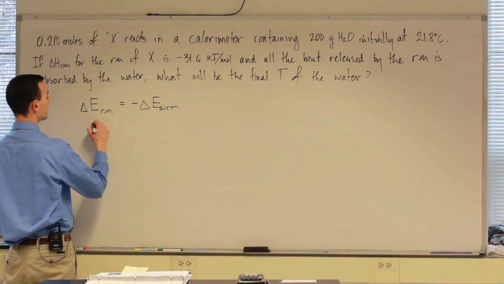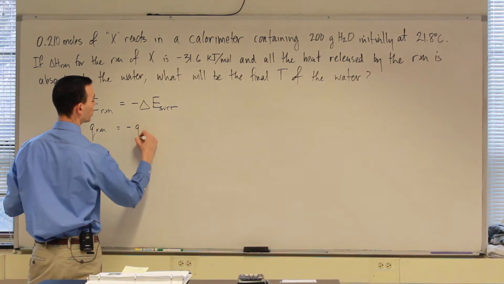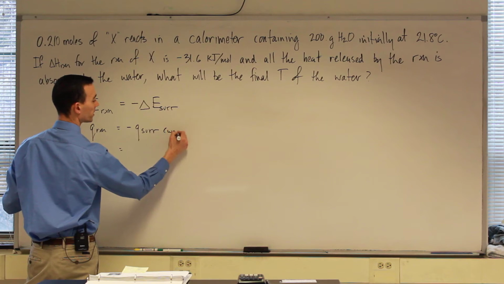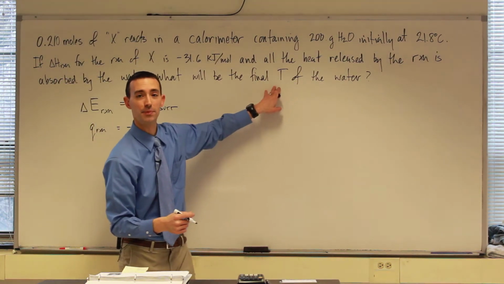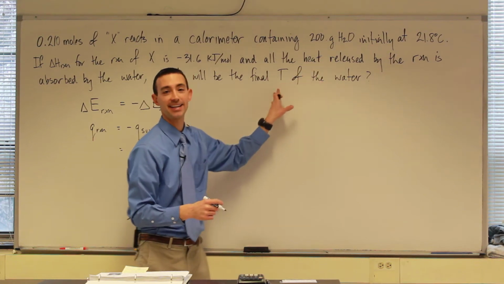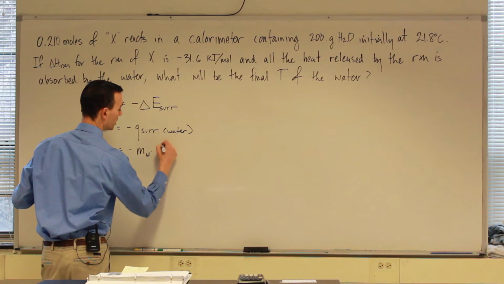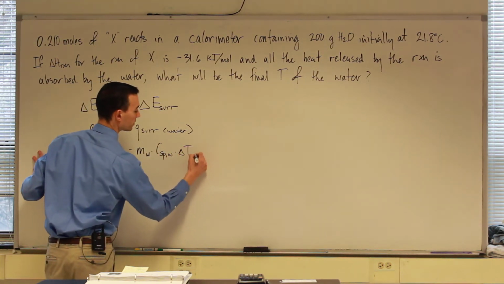Again, only heat is involved, so Q of the reaction equals negative Q of the surroundings. The water is the surroundings. It's going to undergo a temperature change. We're kind of hinted at that here. So for the water side, it's going to be m c_sp delta T once again.